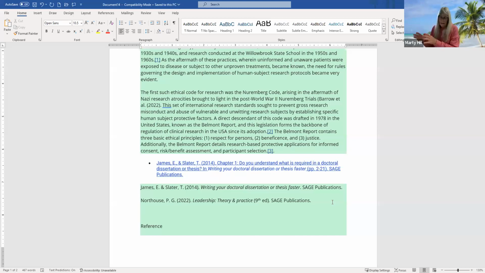I understand that it's easier for y'all just to go in and copy and paste what is showing in the library. But I wanted to bring to your attention the difference between a book with one author and an edited book.